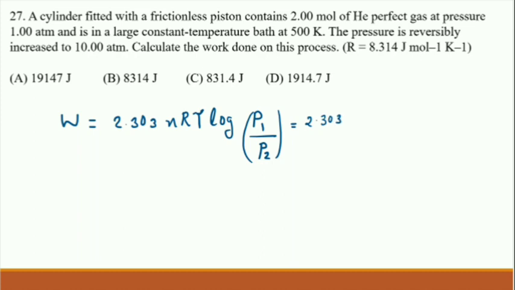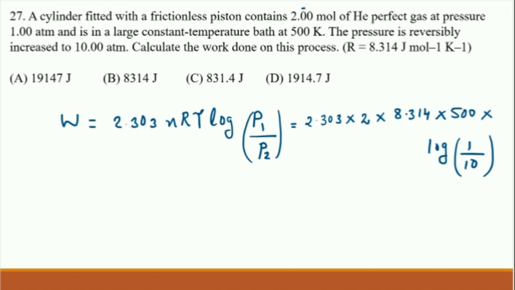Substituting, we get 2.303 into number of moles, which is 2, then R is 8.314 into T, temperature 500 Kelvin, into log P1 by P2. P1 is 1 atmosphere and P2 is 10 atmosphere. So log 1 by 10 is 10 raised to minus 1, so log is minus 1.